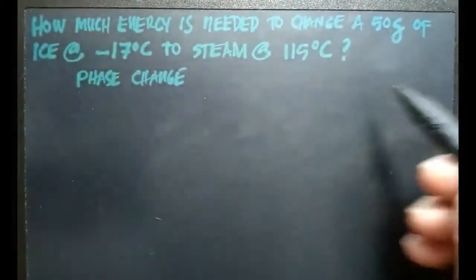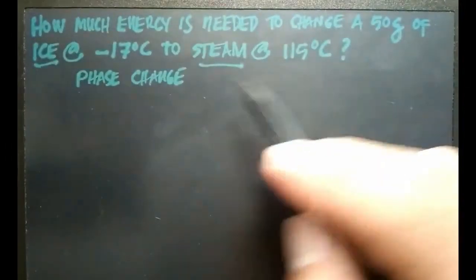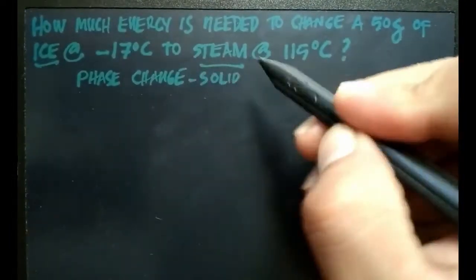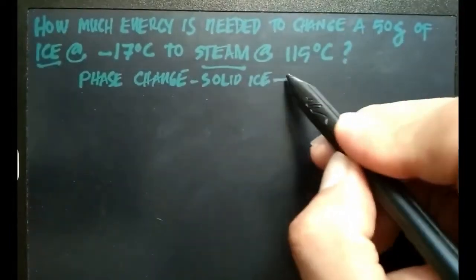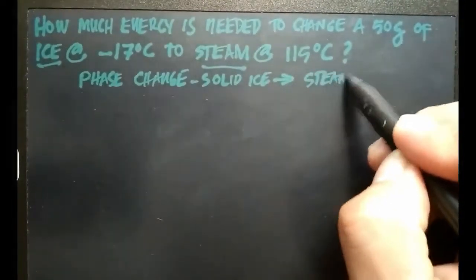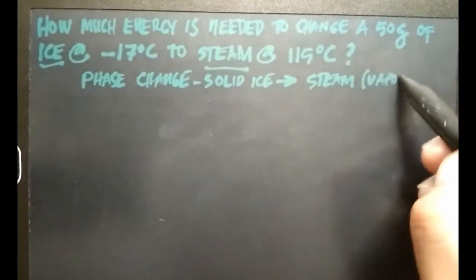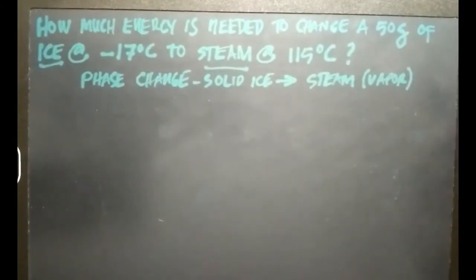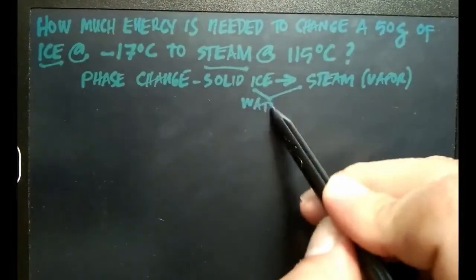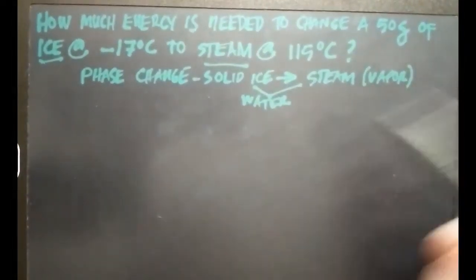As I said, this is an example of a phase change from ice to steam, meaning we're going to change solid ice into steam or vapor, from negative 17 degrees Celsius to 115 degrees Celsius of steam. So all of these are from water, from ice and steam.